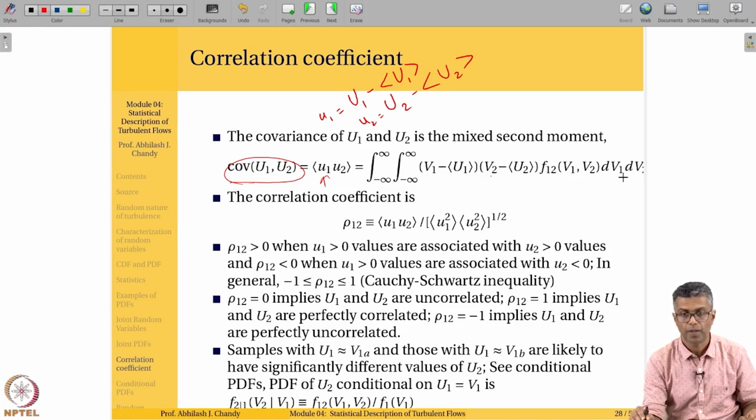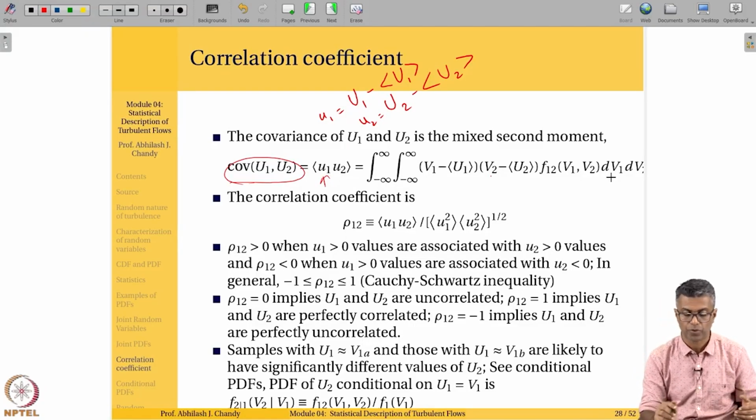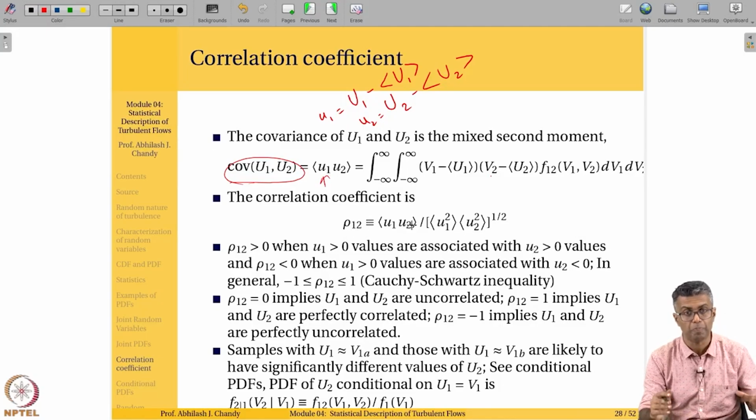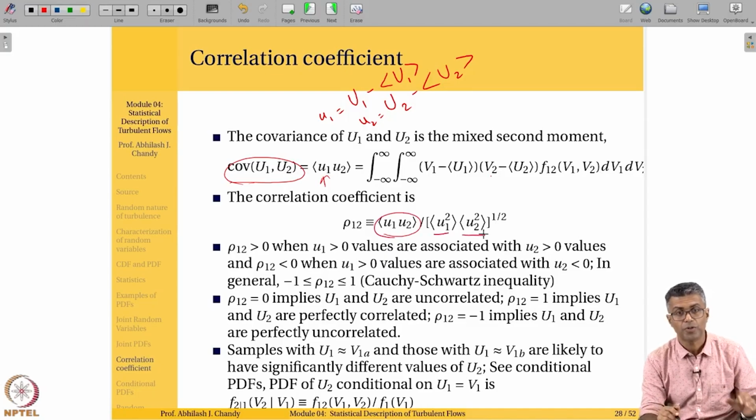And if you want to consider a normalized value of that, you can consider the correlation coefficient, rho 12. The definition of rho 12 is the mean of u1 u2, which is like a covariance, divided by the variance of each variable. You see how we are doing it. And since the variance is squared, we are taking a square root.